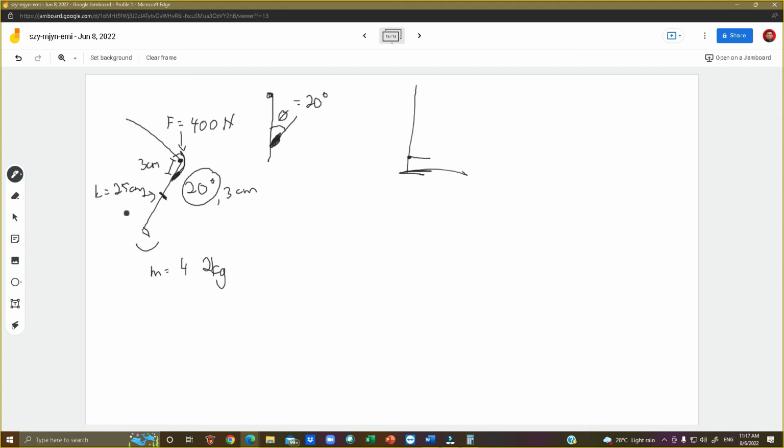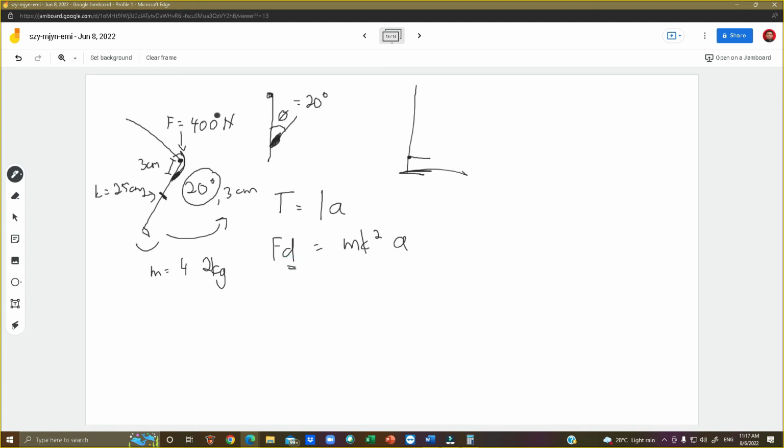Okay, the question is, what is the resulting acceleration? Means when 400 Newton being given, how fast the leg is going to rotate. Case yang sama macam tadi, where we have torque, okay, ni rotational ni torque equals to I alpha. So torque is Fd equals to mk square alpha. Now the tricky part is actually here.